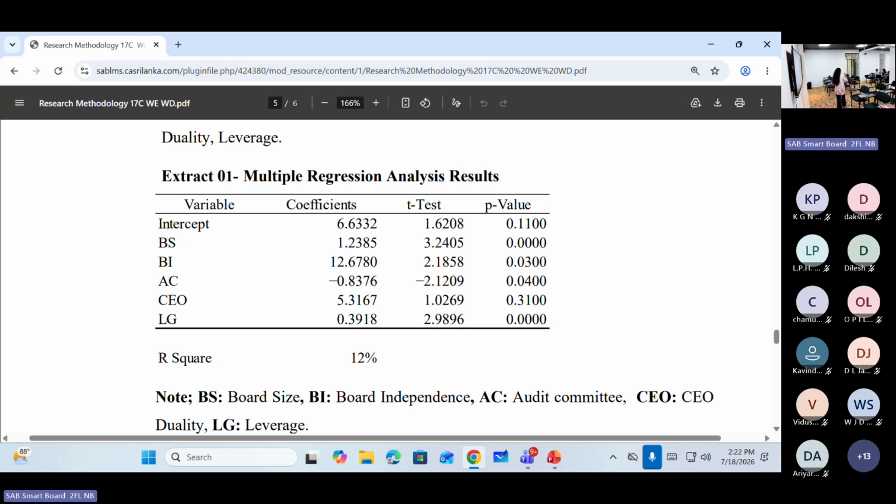If the p-value is less than 0.05, we say there is a significant relationship. So you have to check whether these p-values are less than 0.05 to identify whether there is a significant impact.